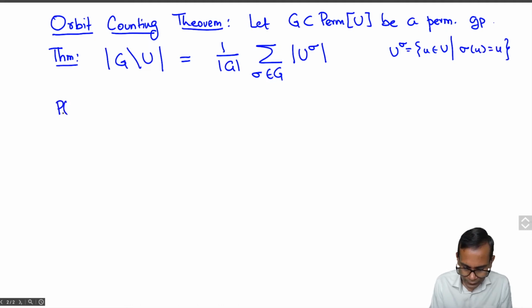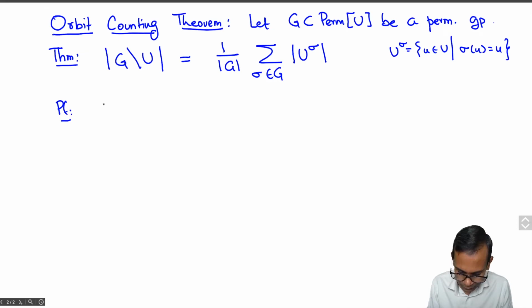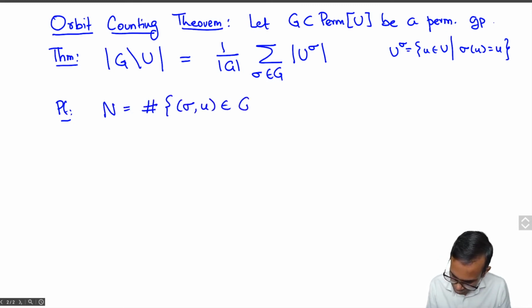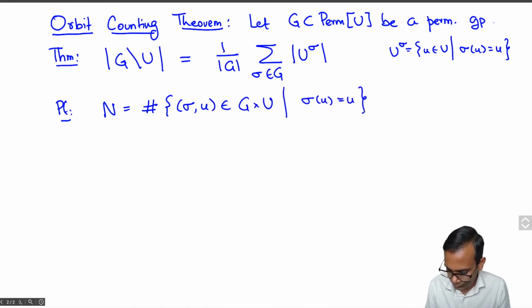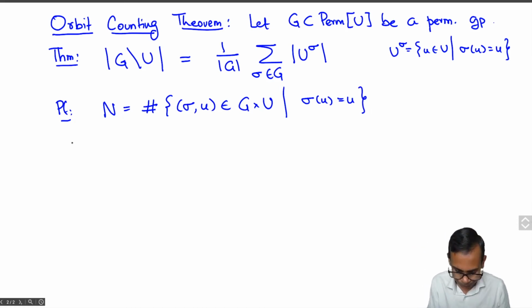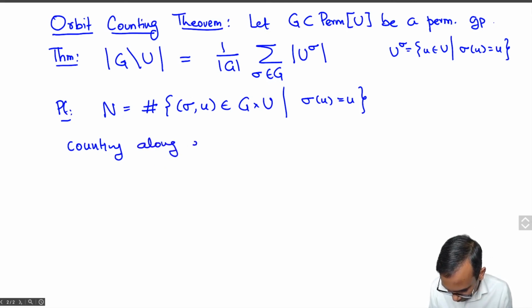The proof is actually really very simple. It just involves counting a certain set in two ways. So let n be the number of pairs of the form sigma comma U, a subset of G cross U such that sigma of U is equal to U. Now I can count this set in two ways, either along sigma or along U. So if I count along sigma, what do I get?